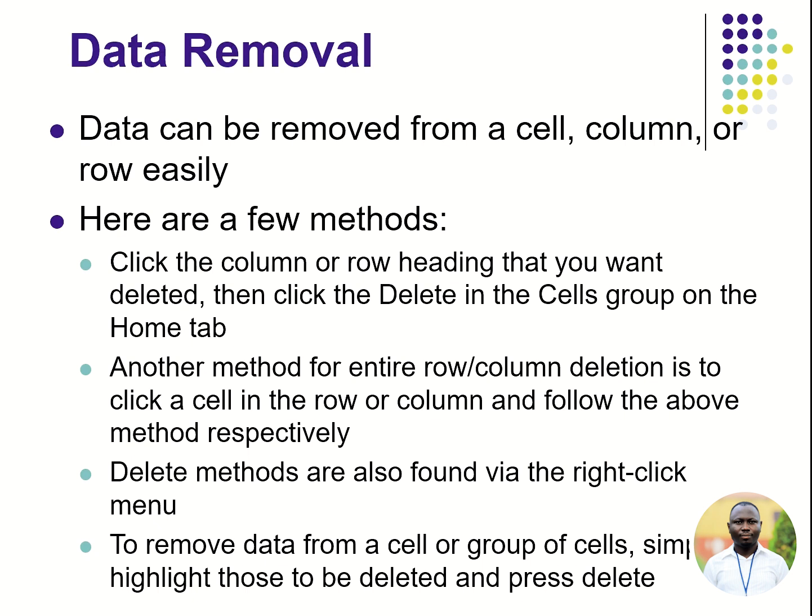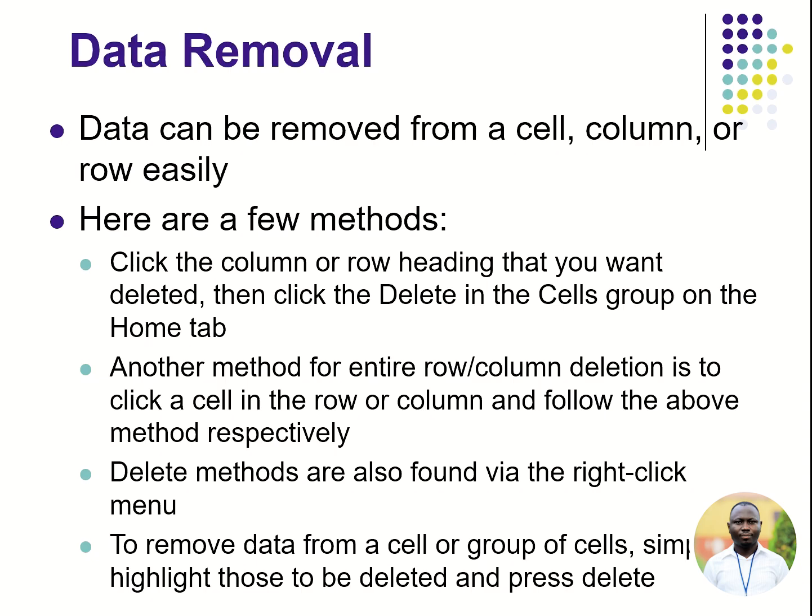Then we have data removal. Data can be removed from a cell, a column, or a row easily. Here are a few methods. Click on the column or the row heading that you want to delete. Then click Delete in the Cells group on the Home tab.